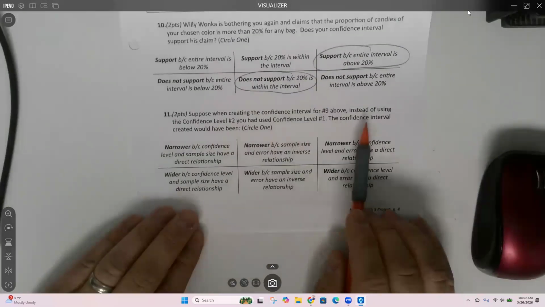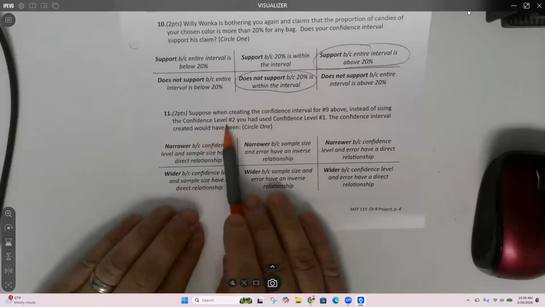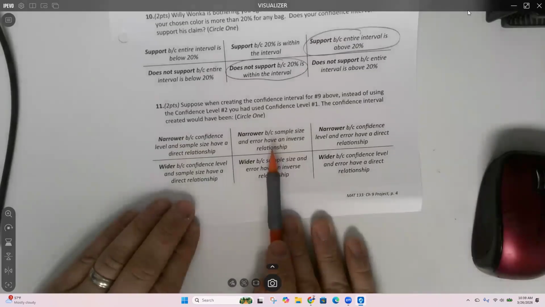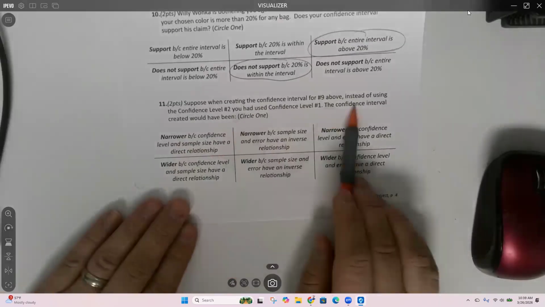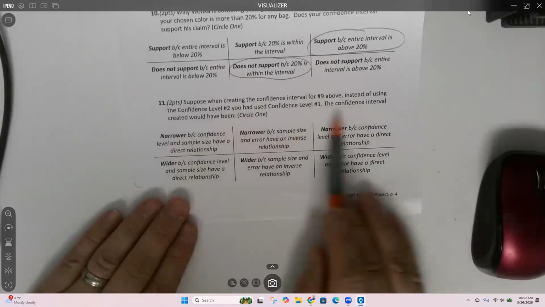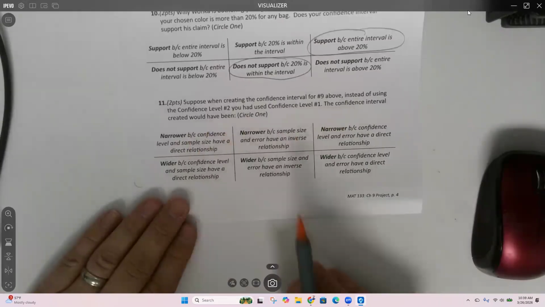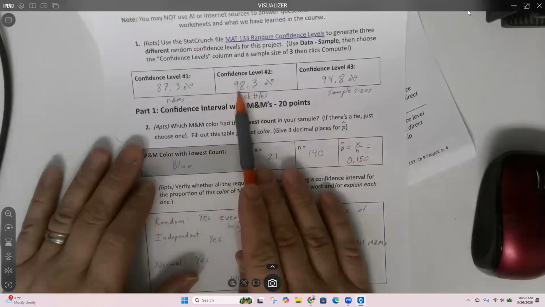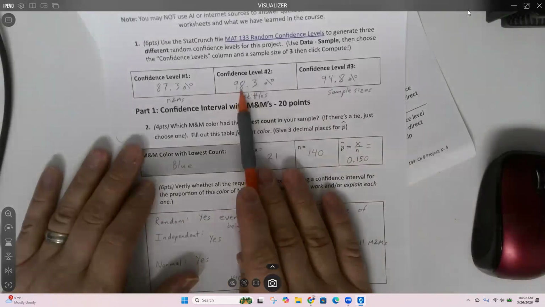Suppose when creating this confidence interval, instead of using confidence level 2, you use confidence level 1. Would the confidence interval have been narrower or wider? For my Skittles, I used 98%. I want to be 98% accurate.